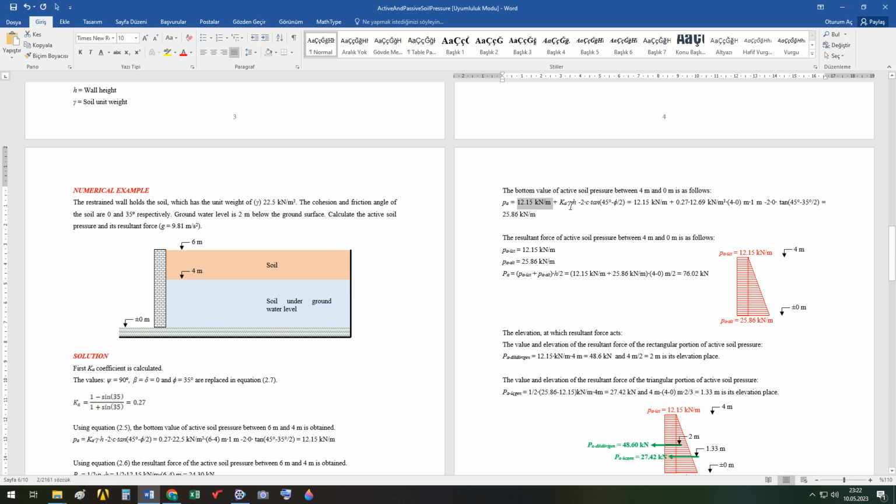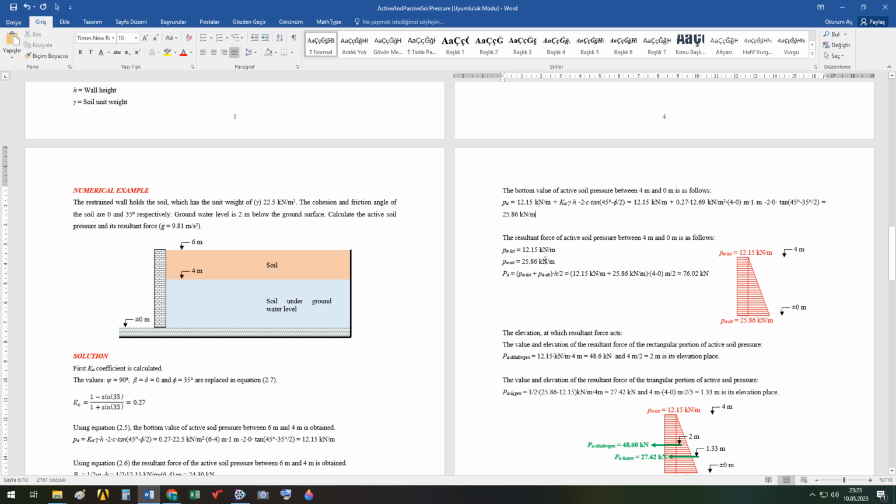Here we use the same active soil pressure coefficient, but the unit weight of the soil changed. And phi is the same, since it is the same soil. But again, since it's cohesionless, the cohesion value here is 0. So we got this value.